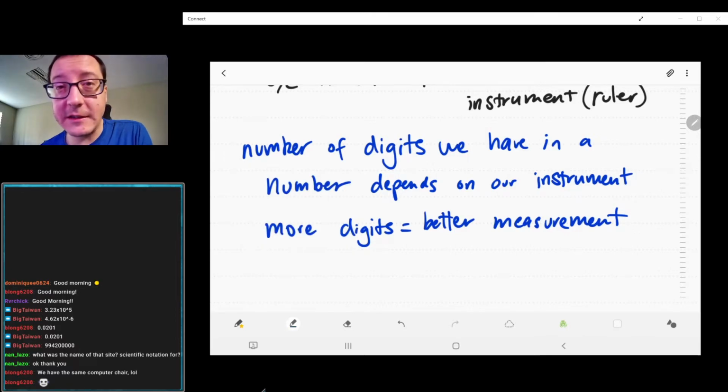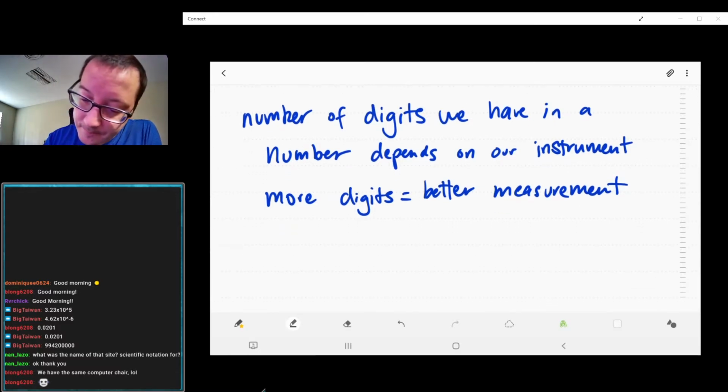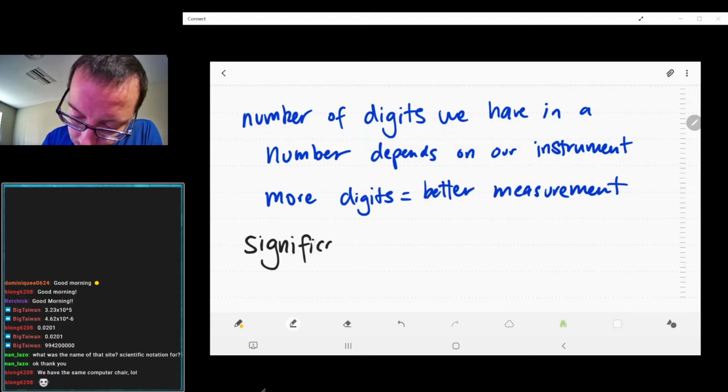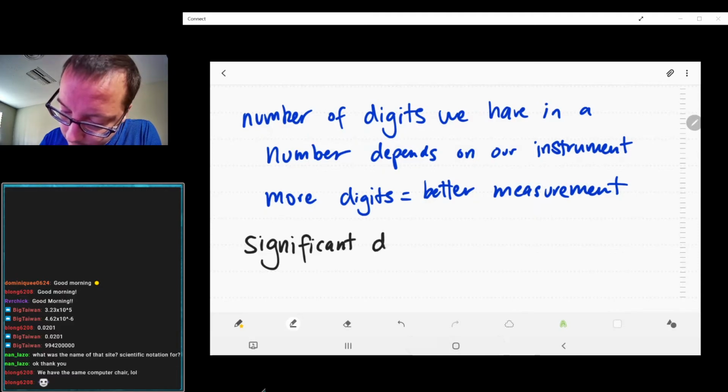And so this is where we're going to start learning about sig figs, significant figures.